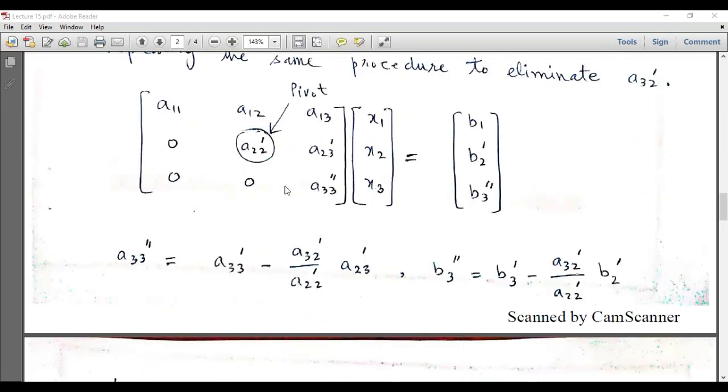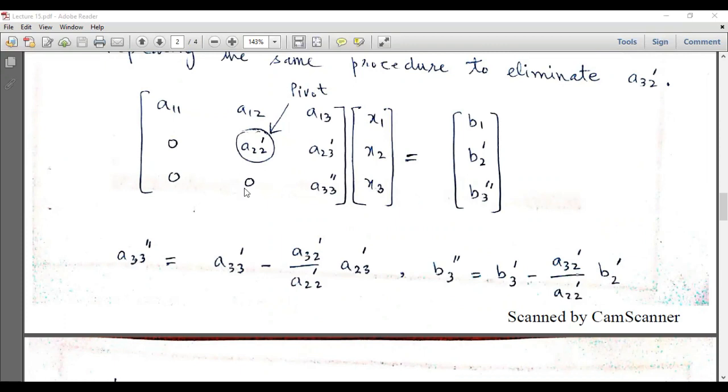So you can see over here, they have been renamed as a33 double dash and b3 double dash because they have also been changed, and these entries have become equal to 0. a33 double dash is equal to a33 dash minus a32 dash over a22 dash into a23 dash. Similarly, b3 double dash is equal to b3 dash minus a32 dash over a22 dash into b2 dash.